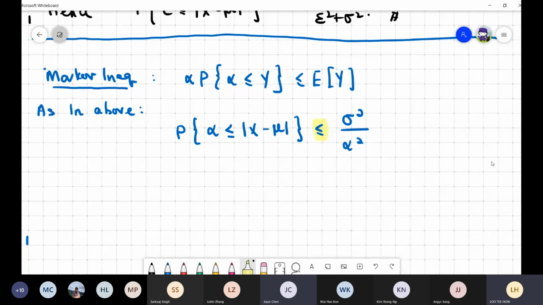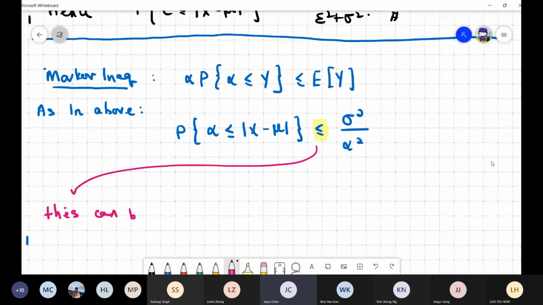So you can see, just a remark for you guys, maybe I use another color, so maybe this color. This cannot be replaced by this.